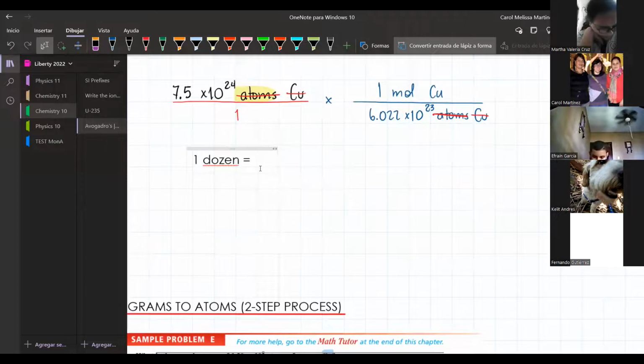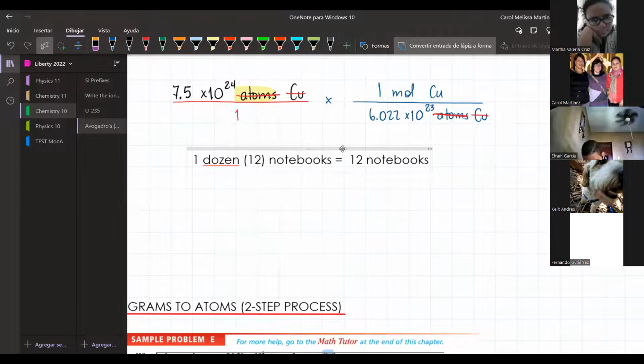When I talk about 1 dozen of whatever thing, for example notebooks, I'm talking about exactly 12 notebooks, because the word dozen represents the number 12.